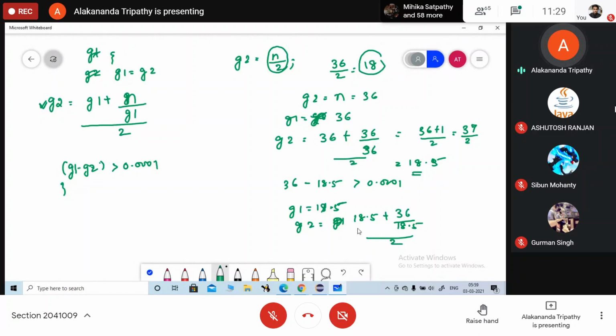तो कितना होगा बताओ तो? 18.5 plus 1.945, divided by 2. Ma'am, 10.22.